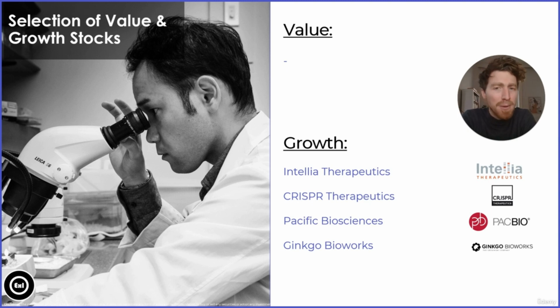Pacific Biosciences, an American company, which sits on the West Coast in California, and they are developing and manufacturing systems for gene editing and gene sequencing with a market cap of $2 billion. And Ginkgo Bioworks, which is a genetic engineering company, which is modifying bacteria for industrial applications.